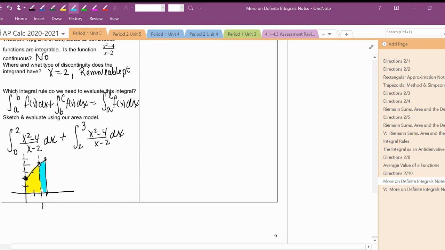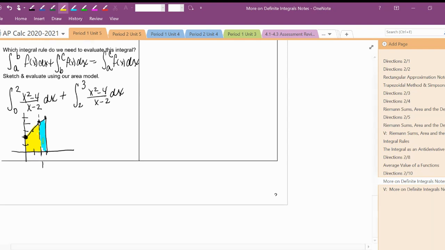And here we have two separate trapezoids. My first trapezoid has a height of 2, and one base that is 2, and the other base that's 4. And then we would add that to this other trapezoid, which has a height of 1, and a base of 4, and a base of 5.